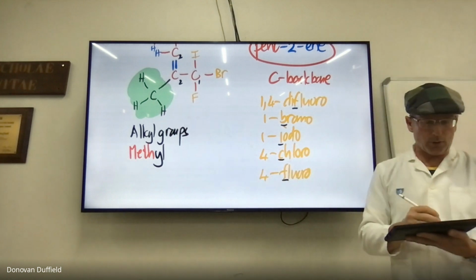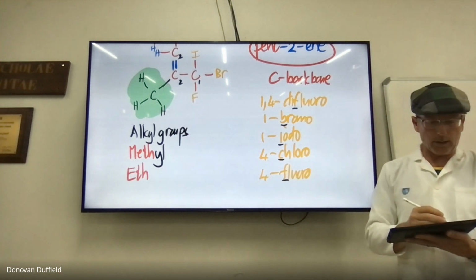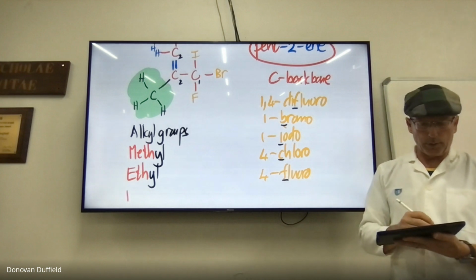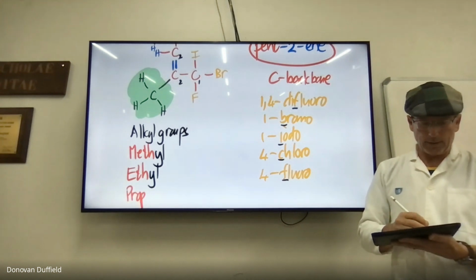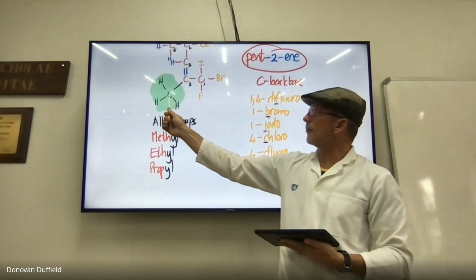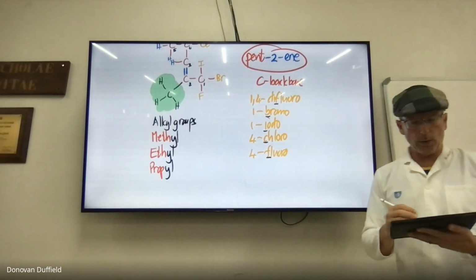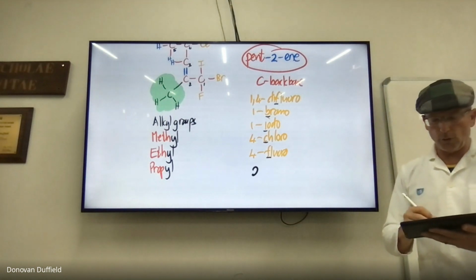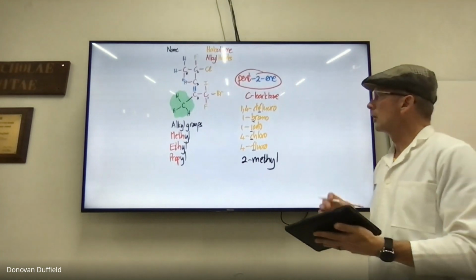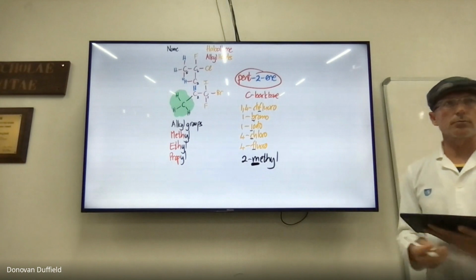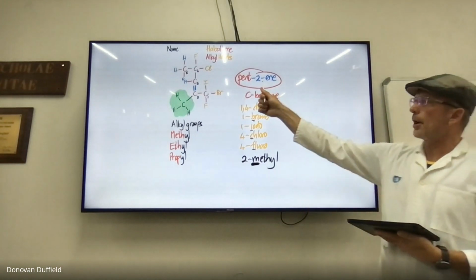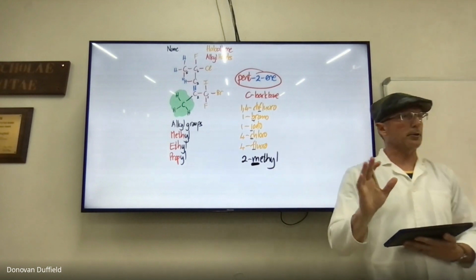If you've got two carbons, it's going to be ethyl, and we won't go further than propyl. So in this case, we have methyl. So we have got 2-methyl. And the M also counts when it comes to alphabetical order. So the backbone goes right at the end. Okay, we're going to practice this a lot.